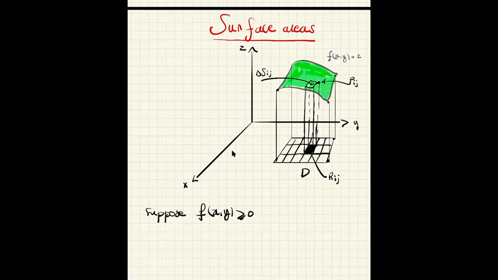We'll call this point P_ij. It's the image of this corner here, and this rectangle has area delta x delta y equal to delta A. Here, P_ij will be the point (x_i, y_j).